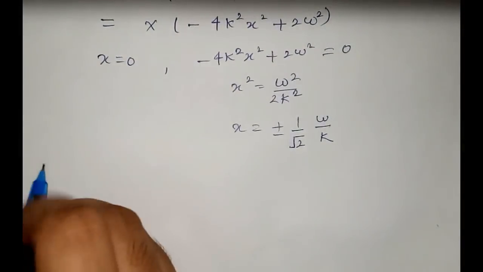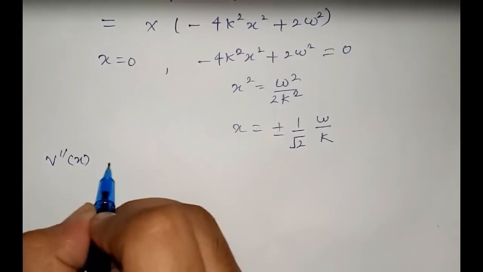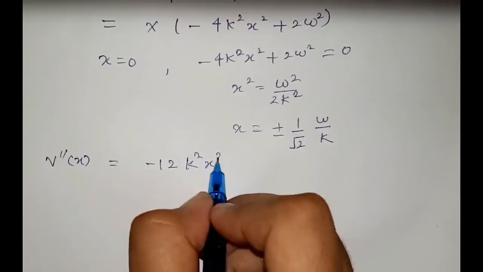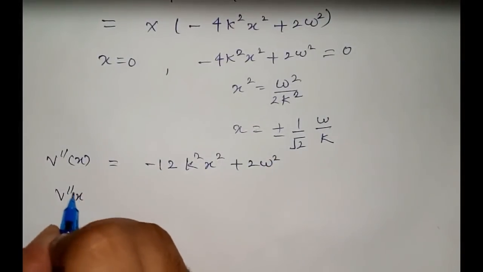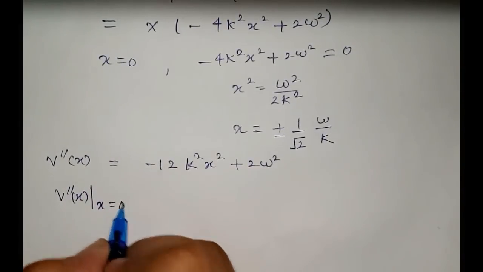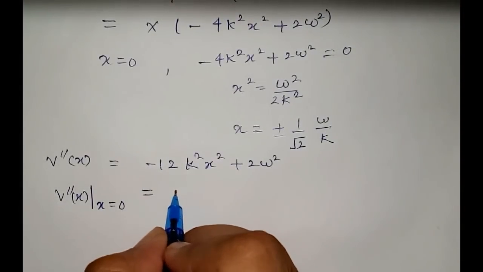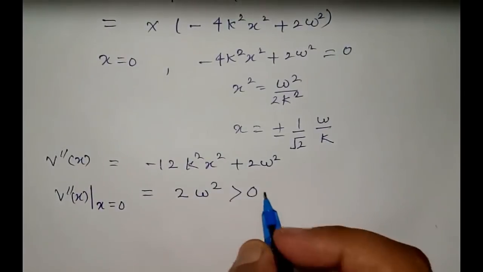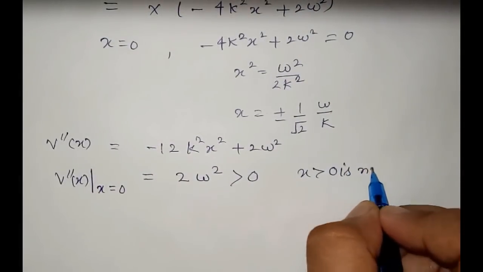Now we are checking maxima and minima. Double derivative of potential equal to minus 12 k square x square plus 2 omega square. The double derivative of potential at x equal to 0: put the value of x as 0, we get only 2 omega square, that is greater than 0. So x equal to 0 is minima.